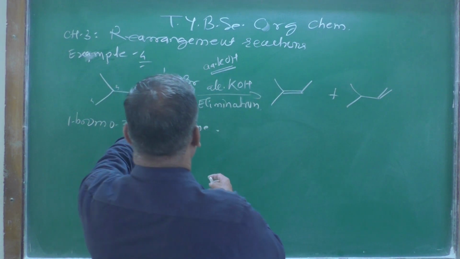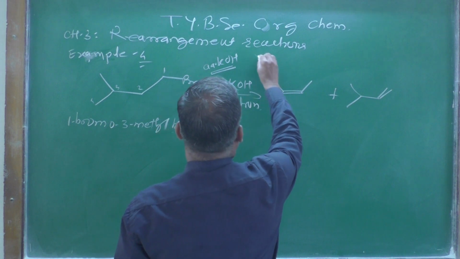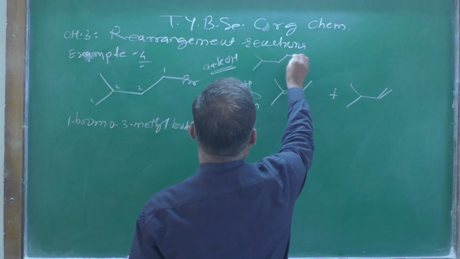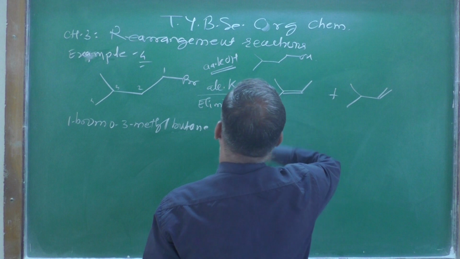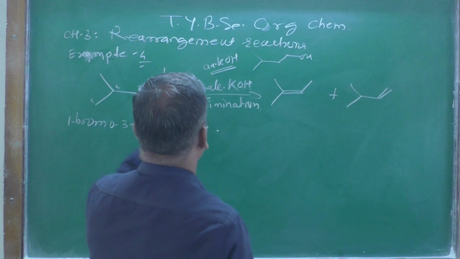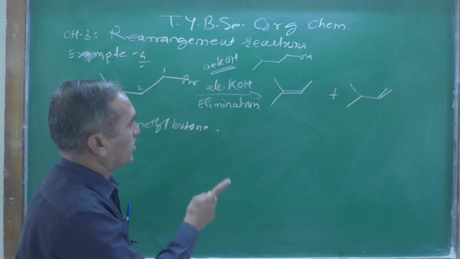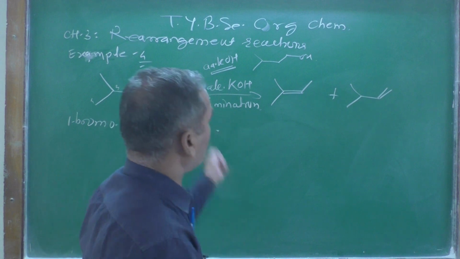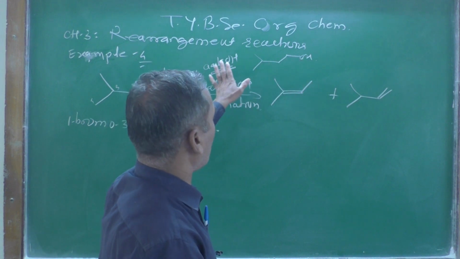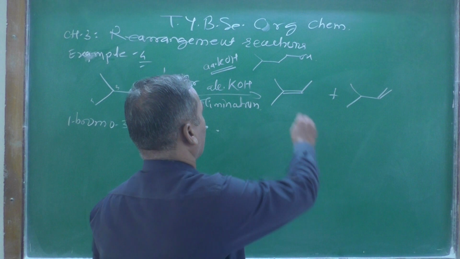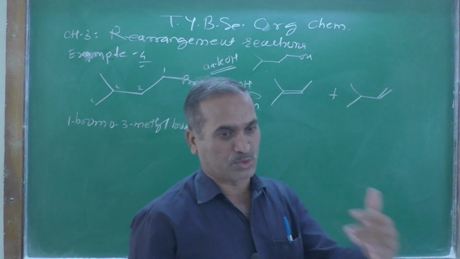And what do you mean by a substitution reaction? The resulting compound you are going to get here has an OH, right? Substitution reaction means that the bromine gets substituted by the hydroxy group OH, and this type of reaction is called a substitution reaction.